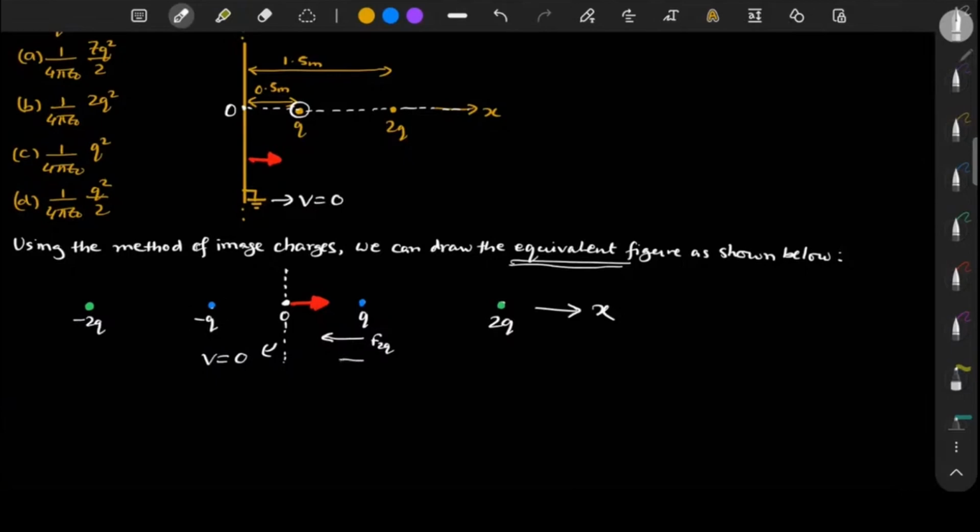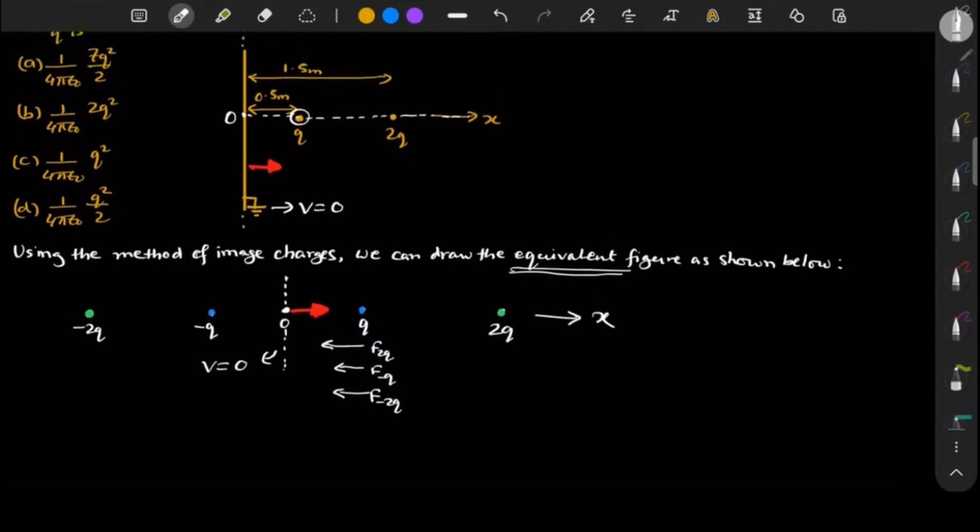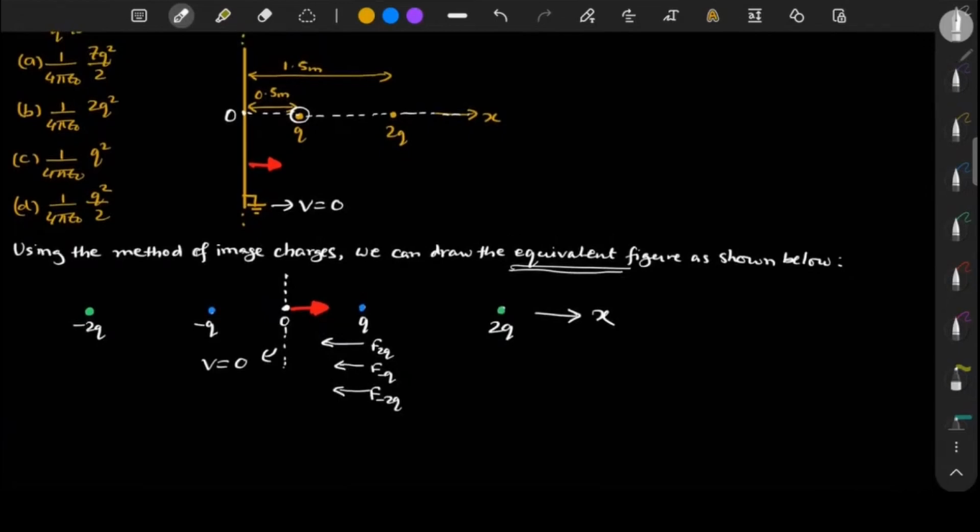This minus q will try to attract plus q because these are opposite signs. So again we have this direction, that is negative x direction, and then we have force due to minus 2q. Again, all these three forces act in the negative x direction, and we can simply use Coulomb's law to write down the force.